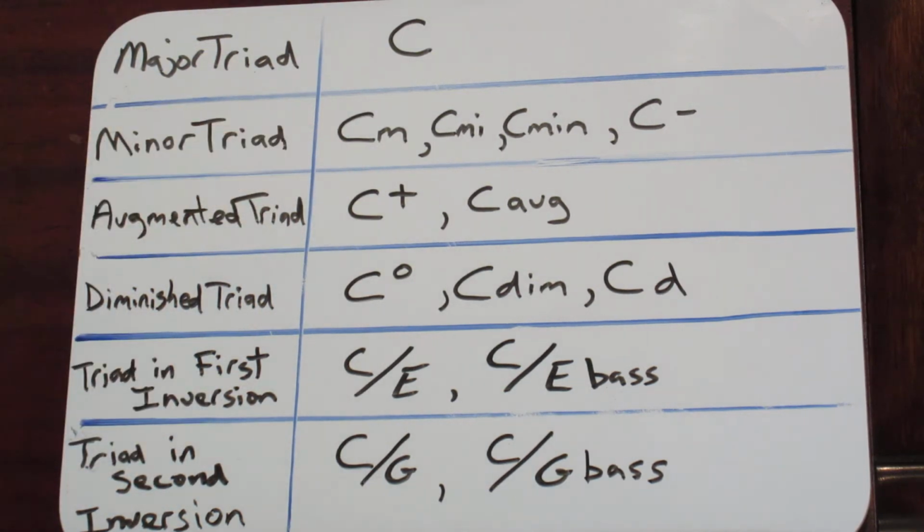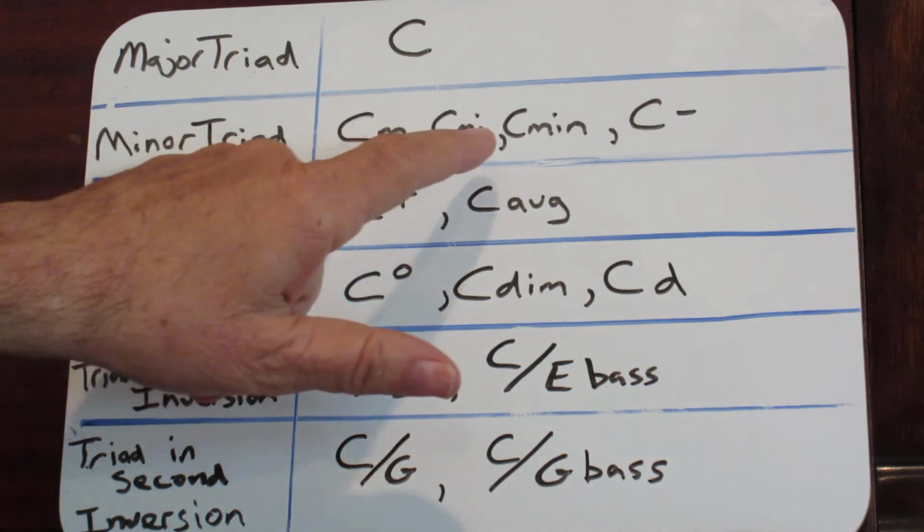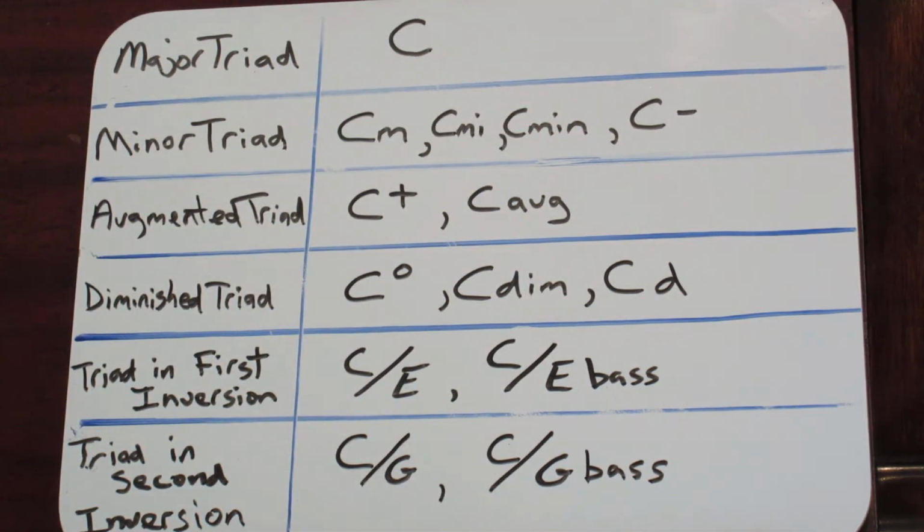If you use the small M, make sure that it's smaller than half the size of the name of the chord. So a really small M is perfectly fine. If you write MI, it's a little bit safer, and that's okay. MIN, even more clear. As I said, this is the one I use, but I see lots of other people using these, and anybody will see this and know that that's a minor triad.